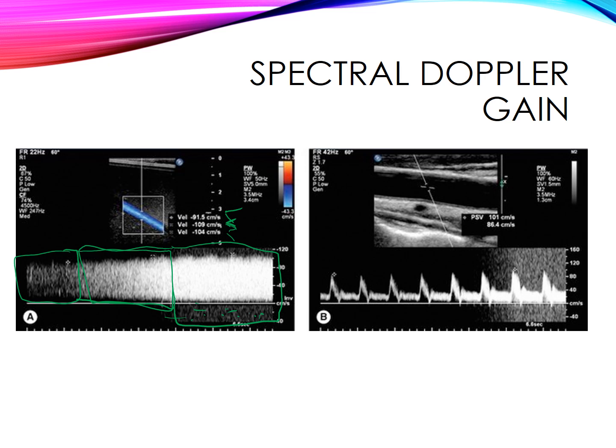So you can see how if it's set too low or set too high, it's going to change what our velocity measurements are coming back at. In another example, picture B, we have an appropriately set section of Doppler gain. We have a nice black background, a nice white spectral tracing, and our measurement came up at 86.4 centimeters per second.